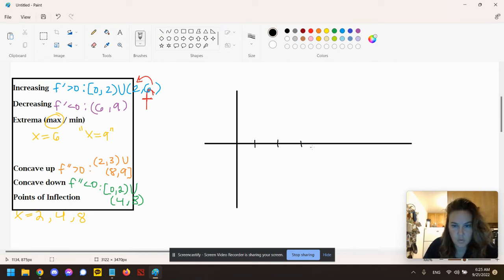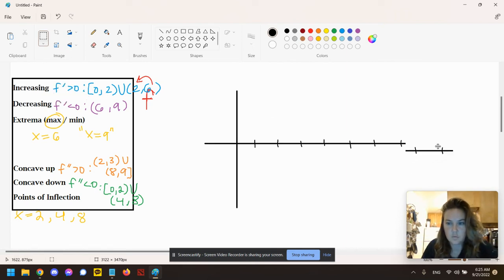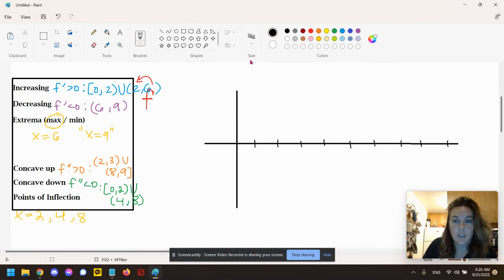One, two, three, 4, 5, 6, 7, 8, 9. Nice. Pretty good. All right. When we're graphing f, put it in red. F. This is the actual function, right?